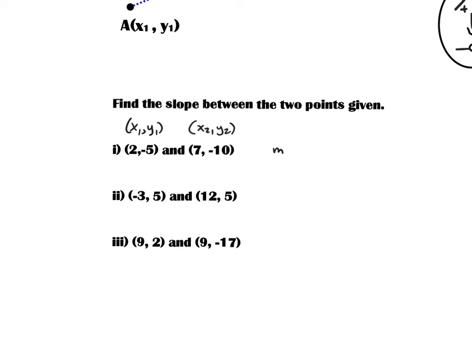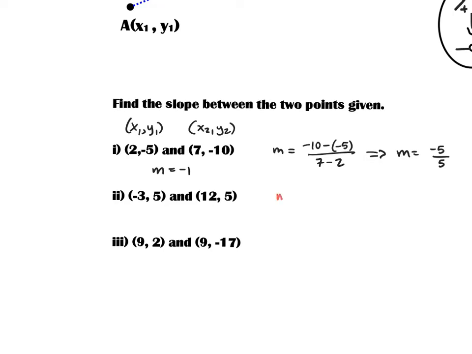The slope between those 2 points would be y2 minus y1, which would be negative 10 minus a negative 5, over x2 minus x1. When we do some calculations, we get a negative 5 over a positive 5. So the slope between these 2 points would be negative 1.